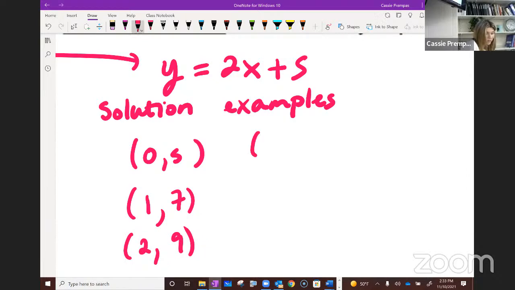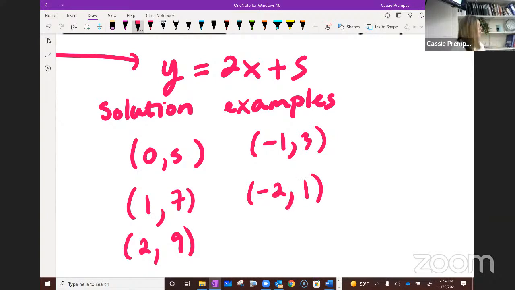I could give you a negative value like (-1, 3). Let me give you another solution. If I give you -2, then (-2, 1) would be another solution. On your own, see if you can create another solution to this equation.